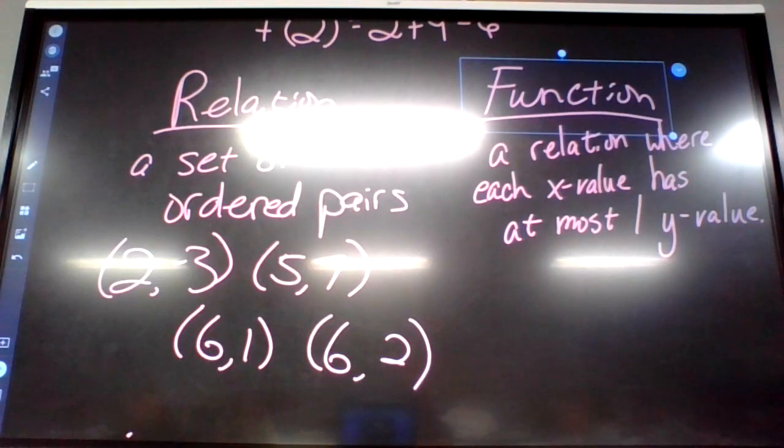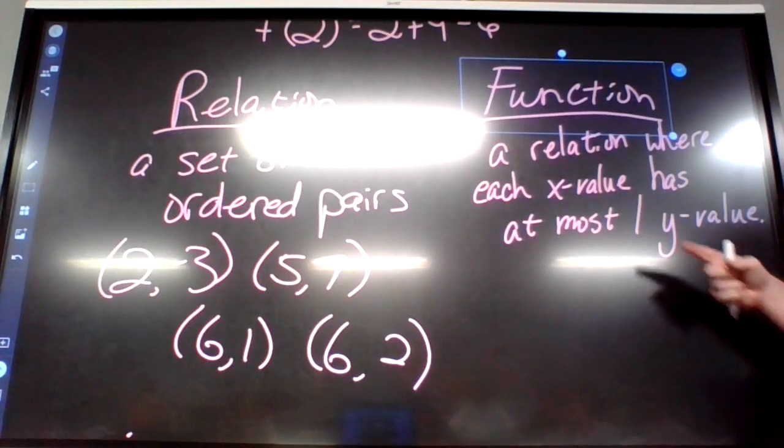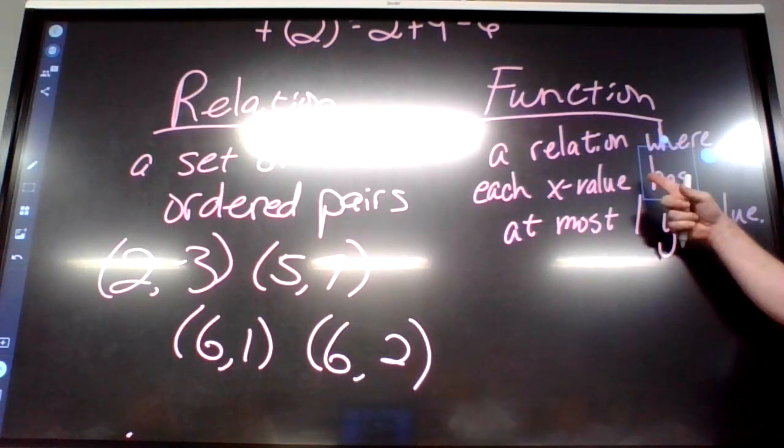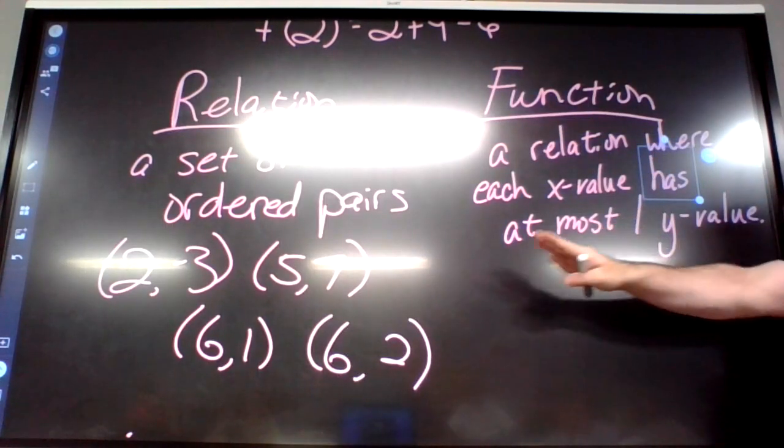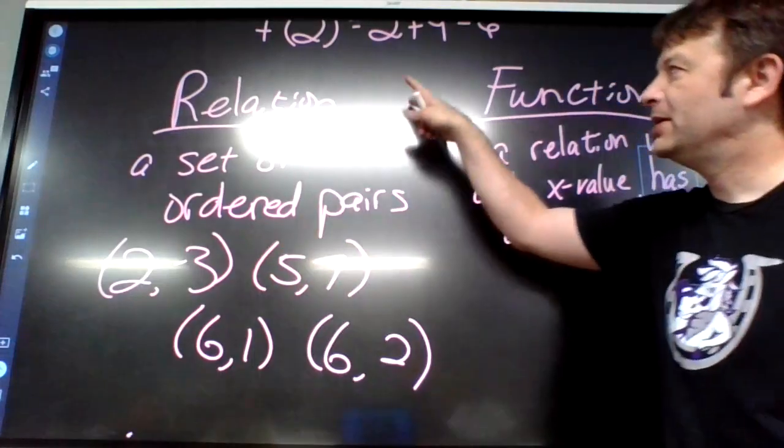You don't necessarily need to write it, but we need to understand it because this is part of the assignment. Each x value has at most one y value in a function. A function is a relation, so it's a bunch of ordered pairs like this.